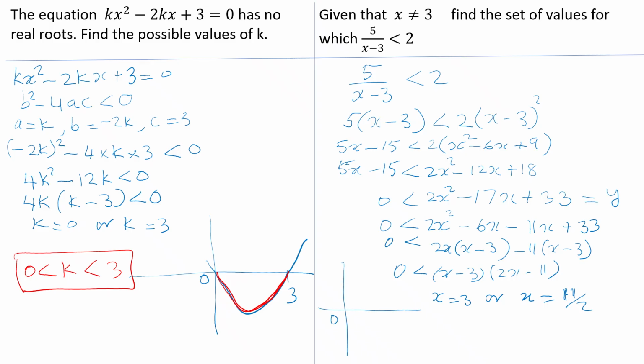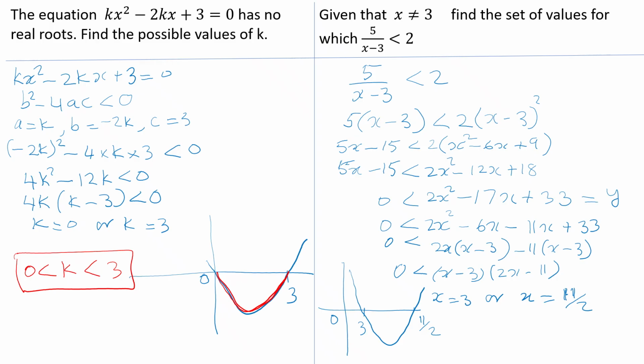This is 3. 11 over 2 is 5.5. The graph is like this.